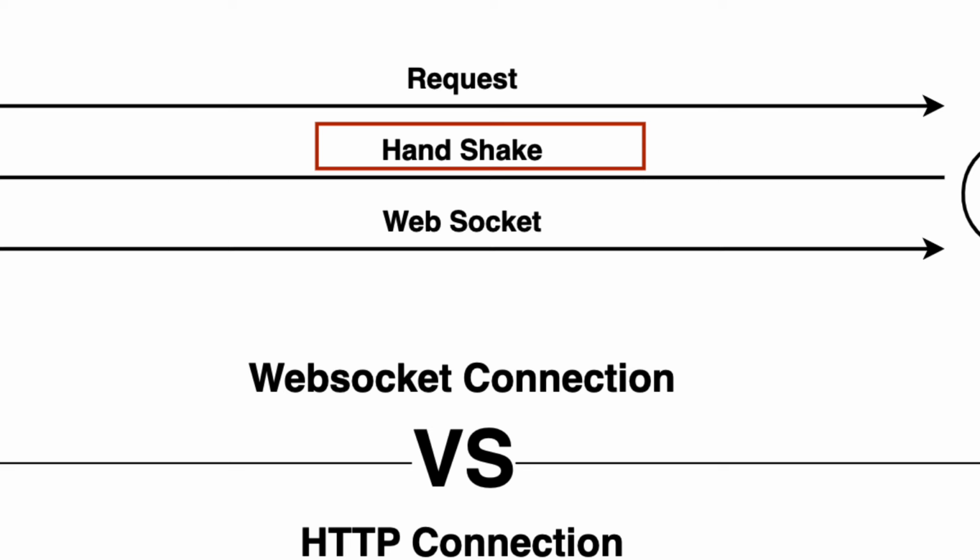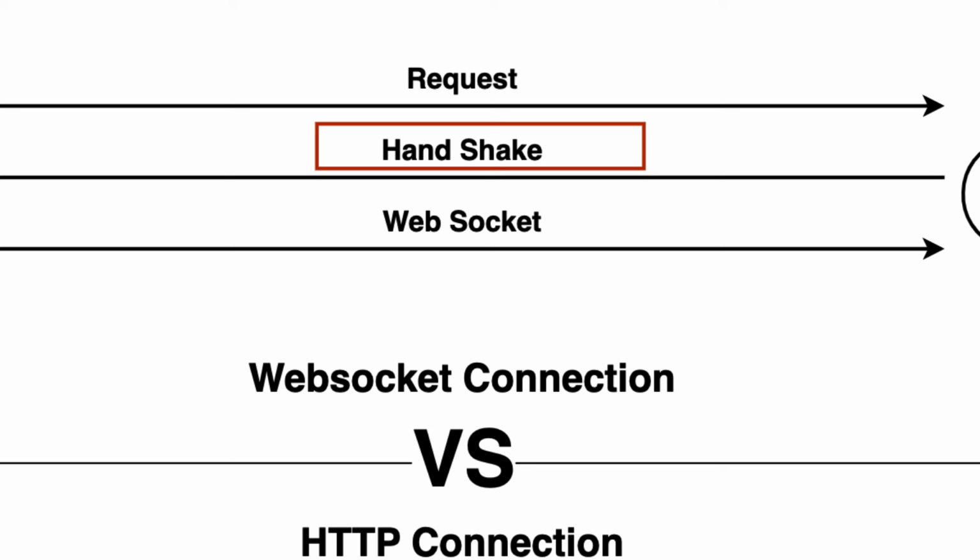The client sends a standard HTTP request with specific headers to the server, indicating that it wants to establish a WebSocket connection. The relevant headers in this request are Upgrade: websocket and Connection: Upgrade, essentially asking the server to upgrade the connection from HTTP to WebSocket.